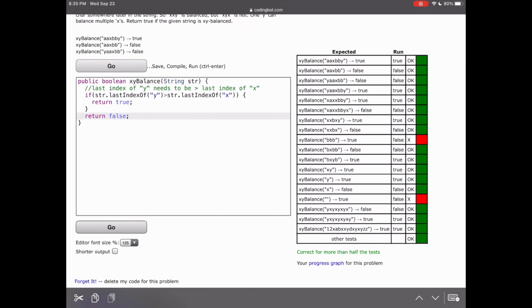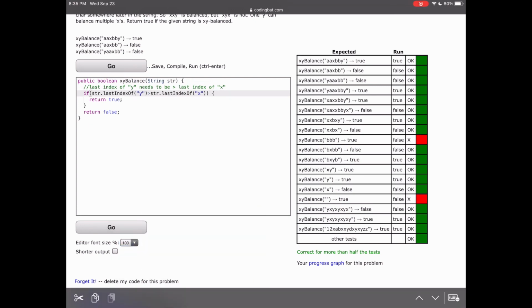So the thing I think about then is, well, wait a minute. If they're both not there, that means they're both equal to -1. So all I need to do is make sure that they exist, or at least that one of them exists in this particular case, right?